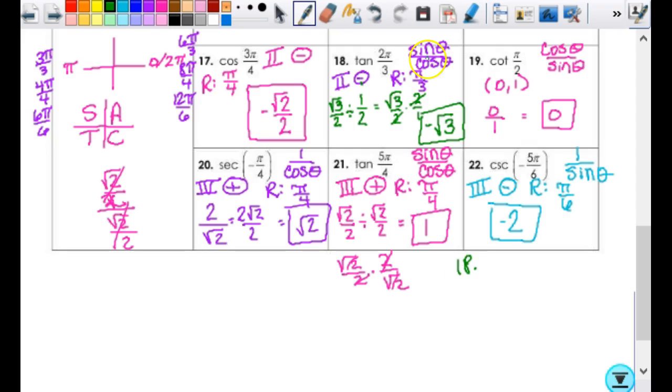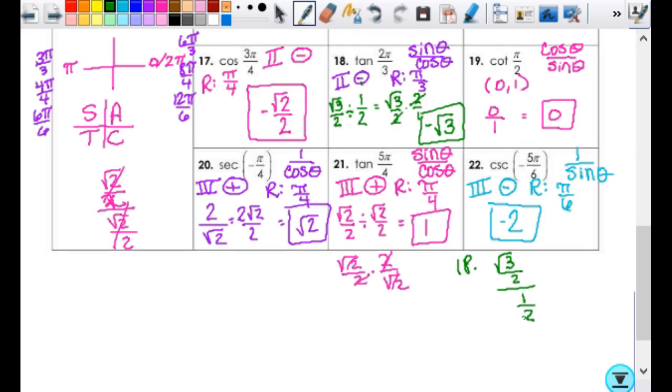But let me just rewrite 18 down here. So once I did all that, do you understand all the stuff I have in purple? Like that I'm rewriting it as sine over cosine. It's in quadrant 2, which means it's negative, and what my reference angle is. Okay, so then what we have is sine over cosine, right? So for pi thirds, the sine is the square root of 3 over 2 over the cosine, which is 1/2. But basically I skipped this step, the sine over cosine, because first of all, it's yucky and y'all don't like it anyway.